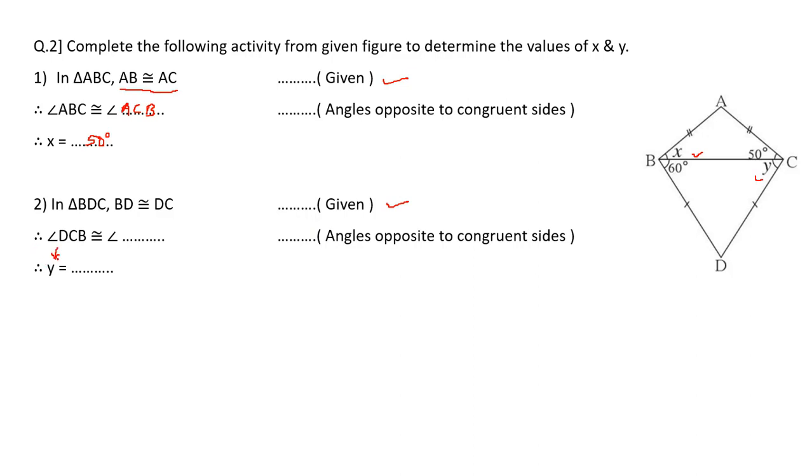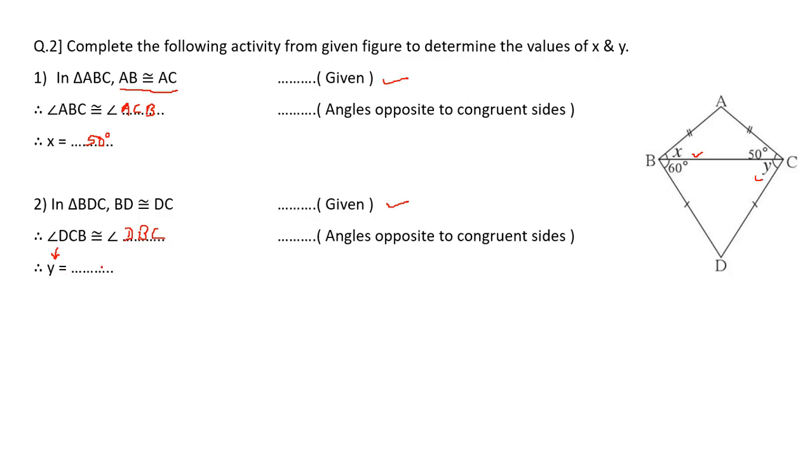DCB is y. Now angle DCB is congruent to DBC because angles opposite to congruent sides. Same thing.